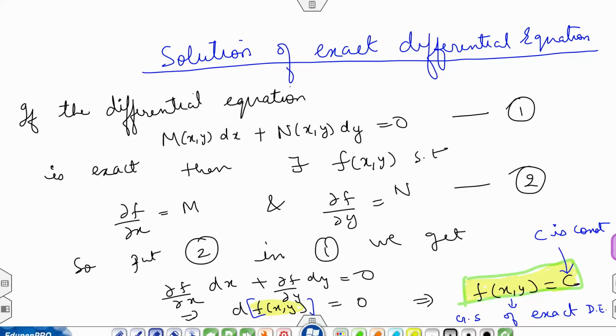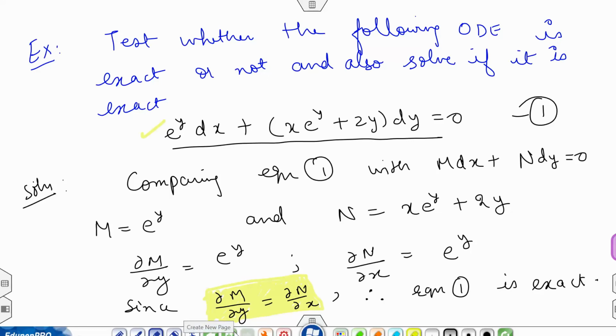So how do we find this function f? I will give you two methods for solving this exact differential equation. The first one is a bit lengthy technique, and then I'll give you the shortcut technique which you can use every time, but just once I will use the lengthy technique to solve the exact differential equation.